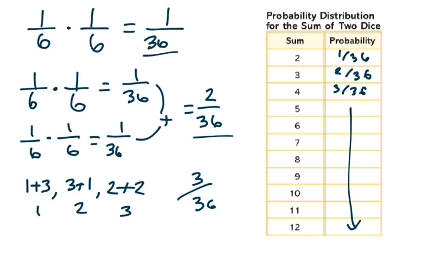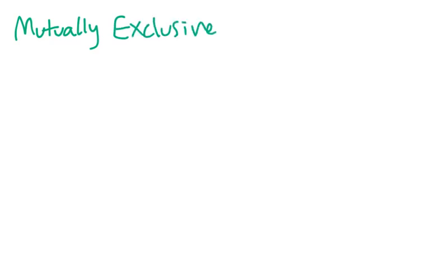All right, so there's probability distribution, and the next term is actually going to be our final one, and it is the definition of mutually exclusive, or disjoint.